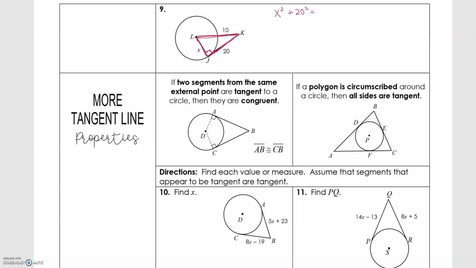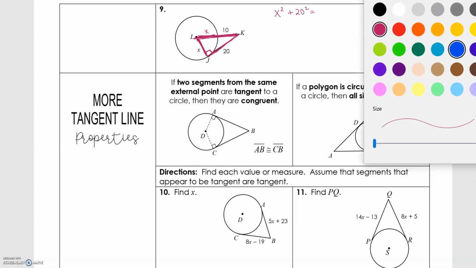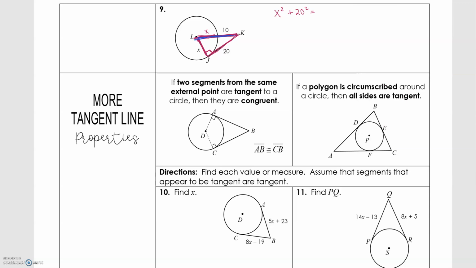So the hypotenuse is this outer segment is 10, the inner segment is not 10 though, it's actually x because the radius is x and this is also a radius. So LK is the total, it's the whole thing, so I would do x plus 10 quantity squared. This is why we practiced our algebra skills before.